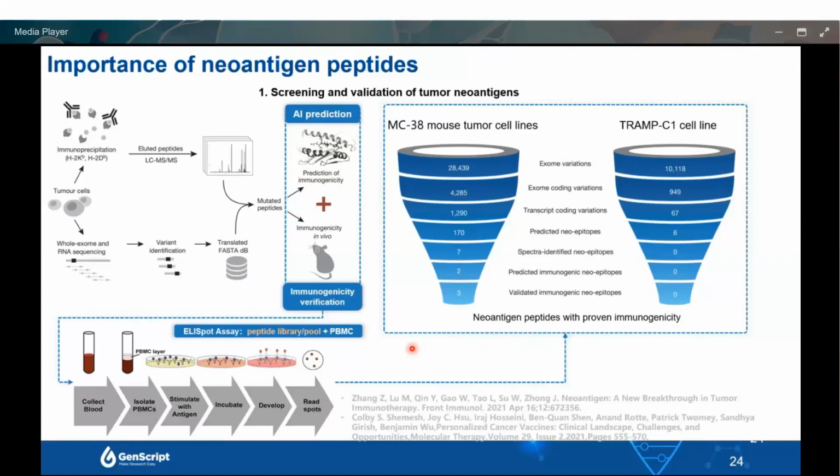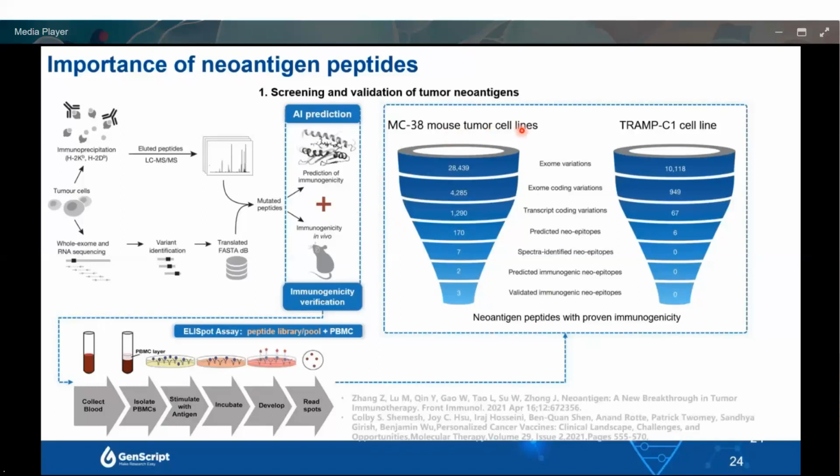And the importance of using neoantigen peptides when screening and validating tumor neoantigens. With the development of technology, we also need to do the immunogenicity test later.